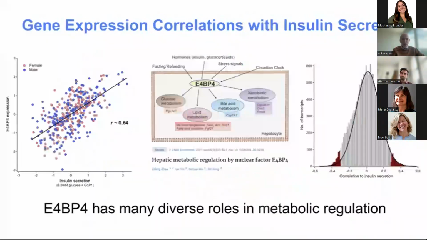And then you can take the RNA-seq data and see how individual genes, based on their expression, correlate with insulin secretion. So now, instead of differential expression signatures, we have genes that are highly positively or negatively correlated with insulin secretion.